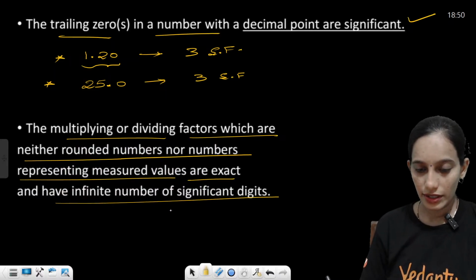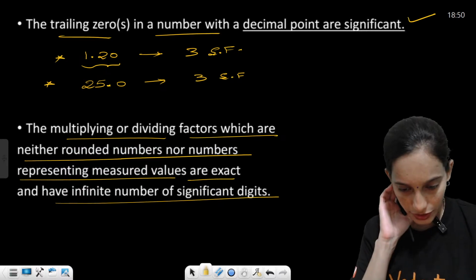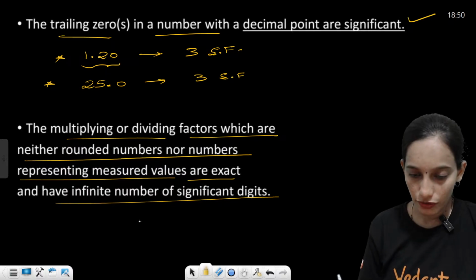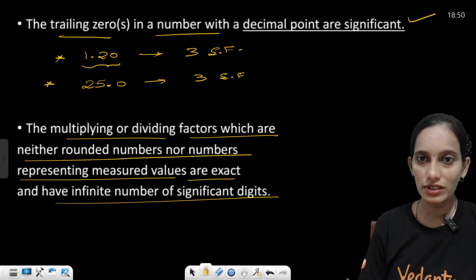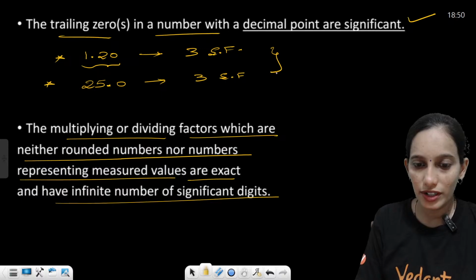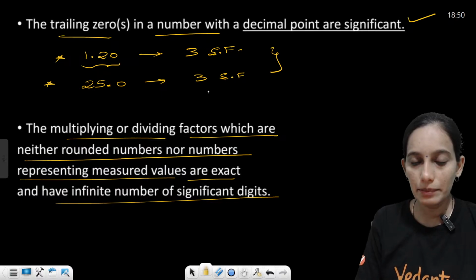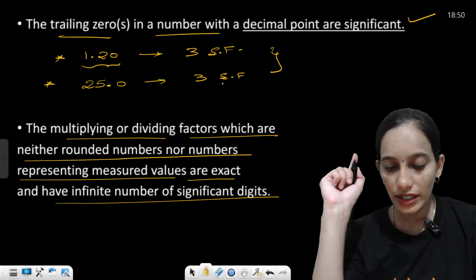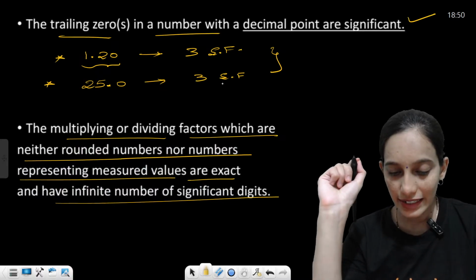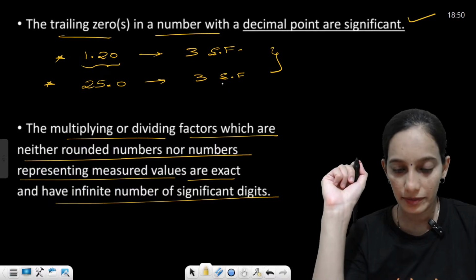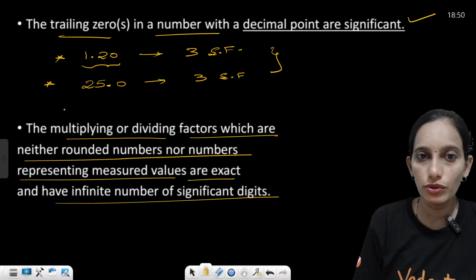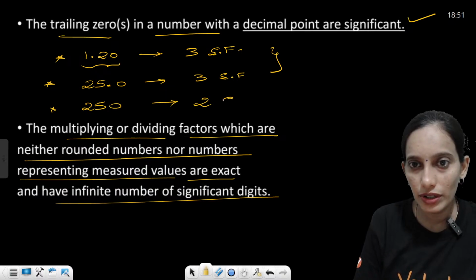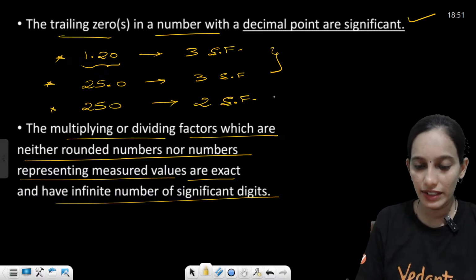Please let me know for which question your answer is 2, because in this slide, in the examples I had given, both are going to have 3 significant figures. So please count the ending 0 if there is a decimal point. If it was like 250, here it would be only 2 significant figures.